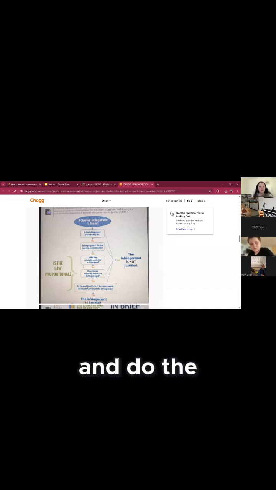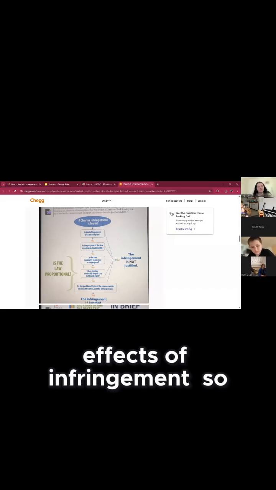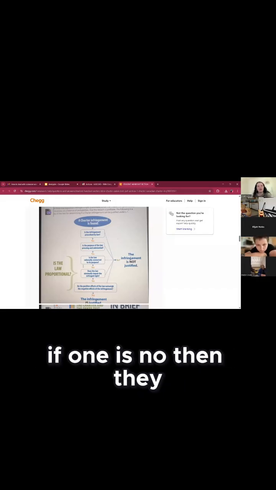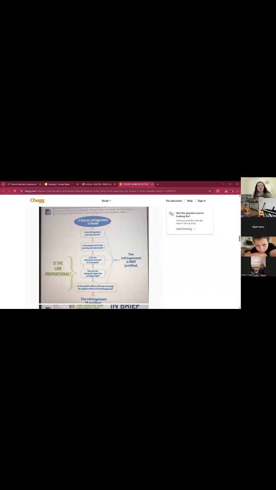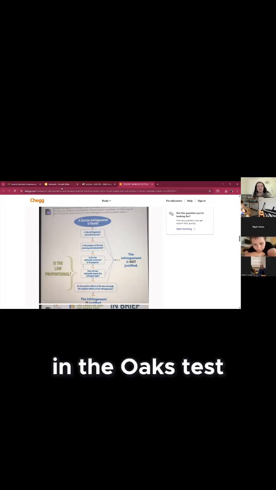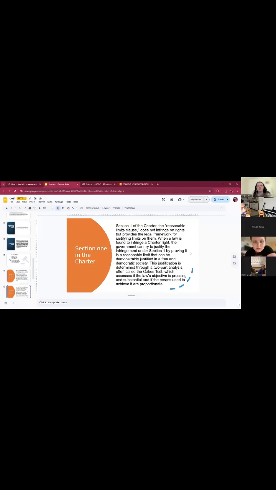And do the positive effects of the law outweigh the negative effects of infringement? So all of these have to be yes. If one is no, then they cannot infringe on somebody's rights. So you have to have all of these as yes in the Oakes test. So that is the Oakes test.